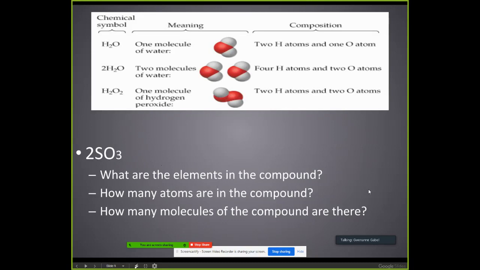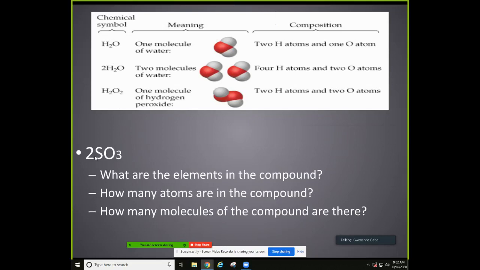2SO3. What are the elements? How many atoms? How many molecules? So we have sulfur, which is the capital S, and oxygen, which is the capital O. How many atoms are in this compound?